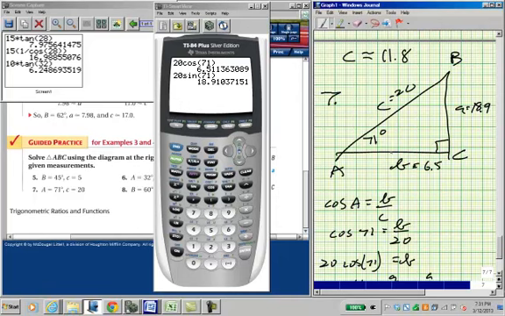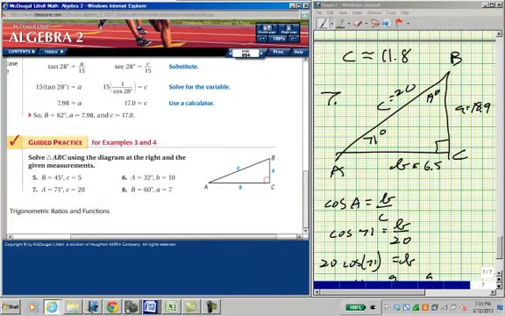Oh, and then the other angle is going to be 90 minus 71, which would be 19 degrees.